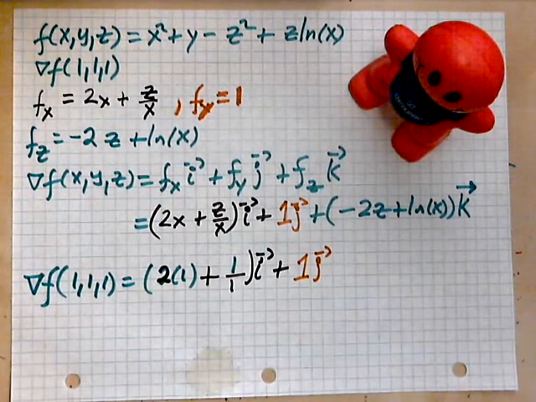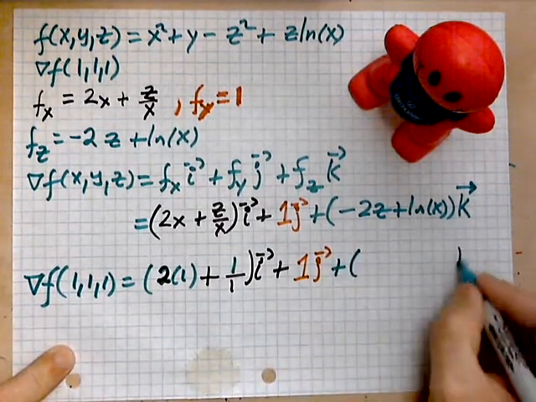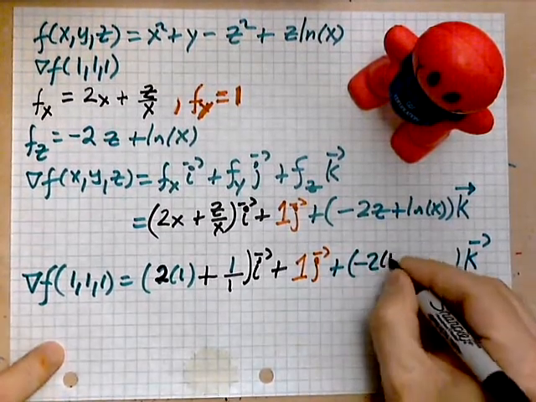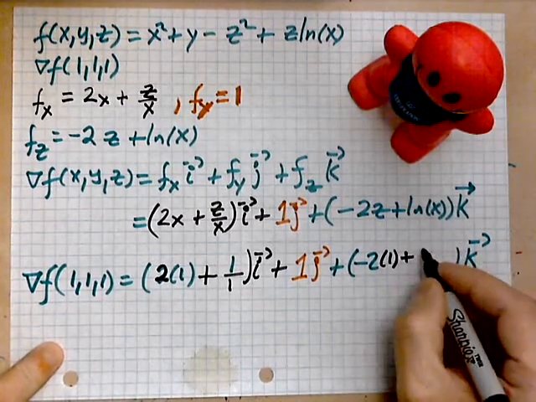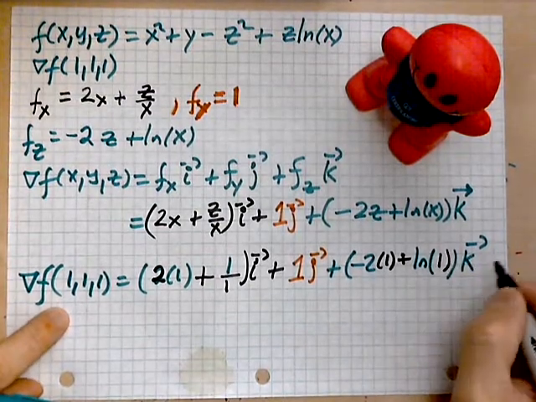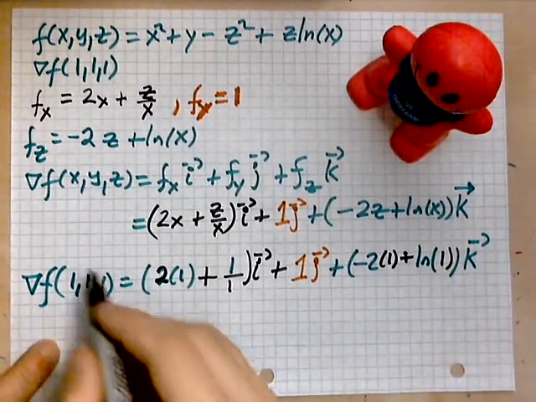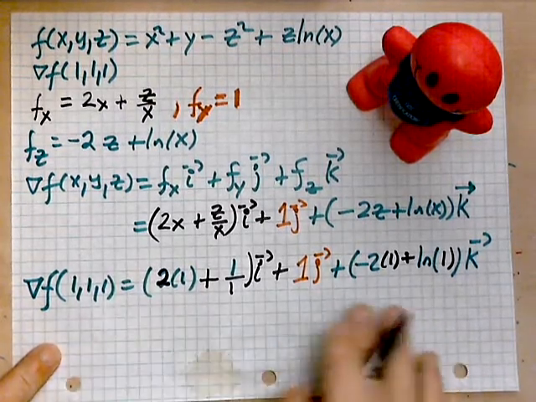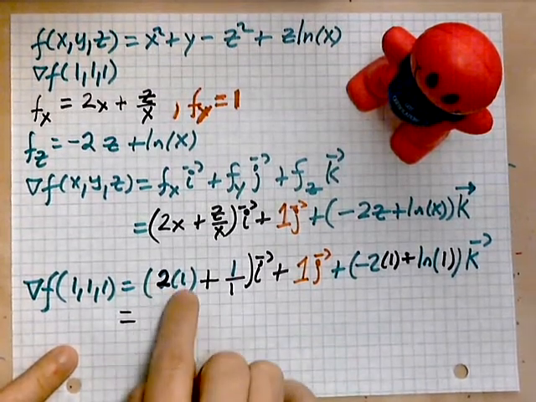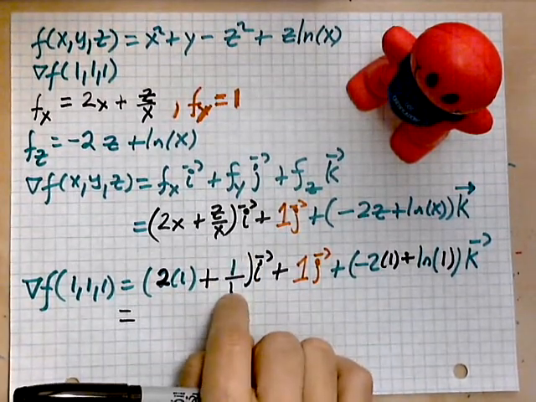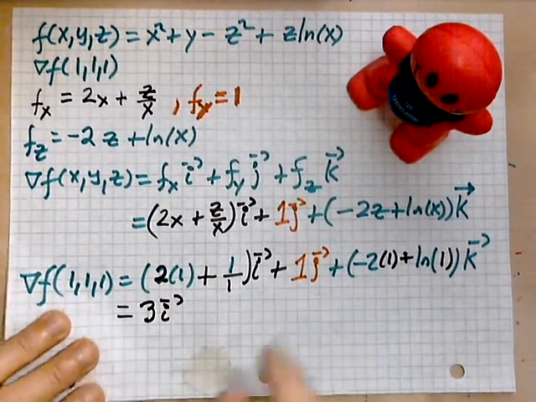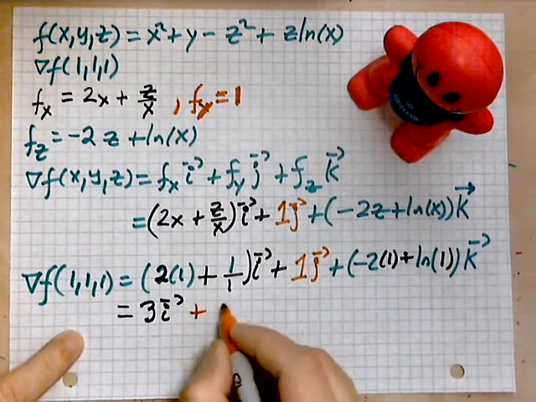And the last one now is negative 2 times the 1 plus ln of 1. In other words, you're simply replacing x, y, and z with 1, 1, and 1. The rest of it is simplification. So you've got 2 times 1, which is 2. 1 over 1 is 1, so 2 plus 1 is 3. So you end up with 3i, plus 1j, that doesn't change.